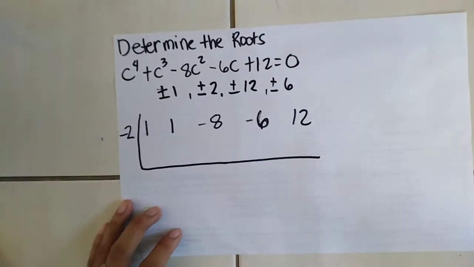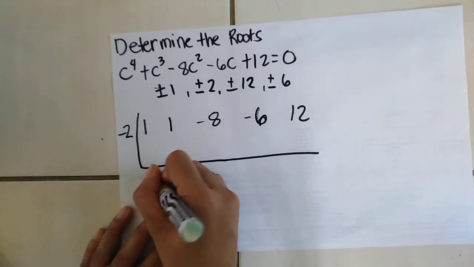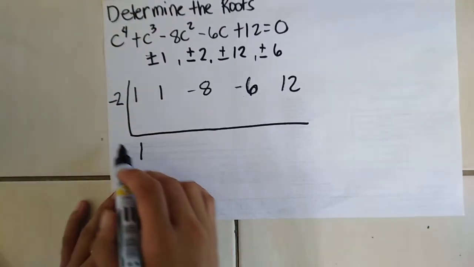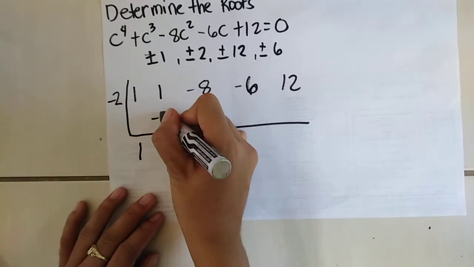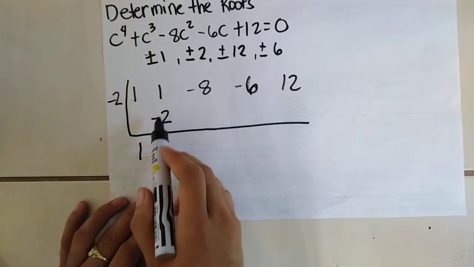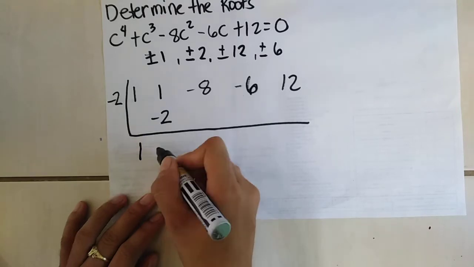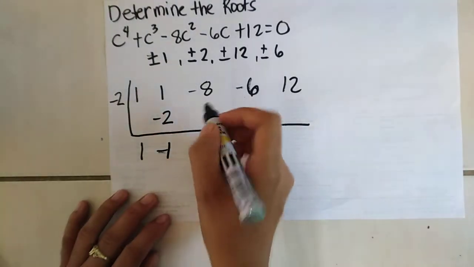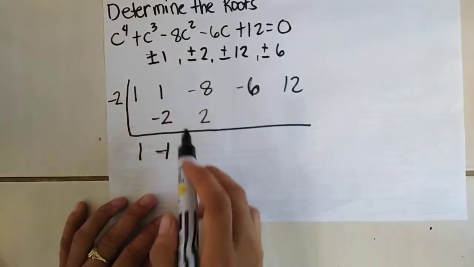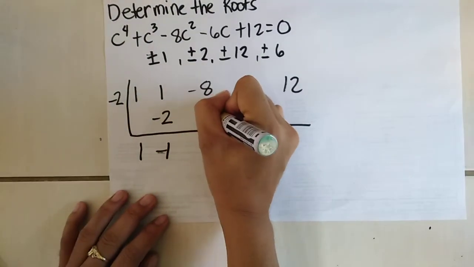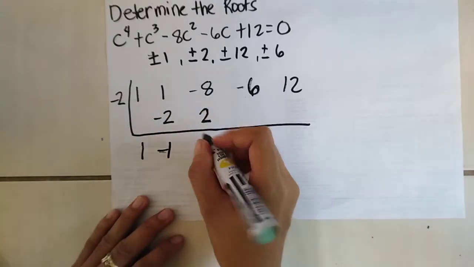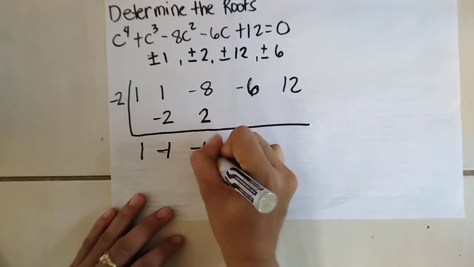Okay. Then, first step, bring down 1. Then 1 times negative 2 is negative 2. Then 1 plus negative 2 is negative 1. Negative 1 times negative 2 is positive 2. Then negative 8 plus positive 2 is negative 6.